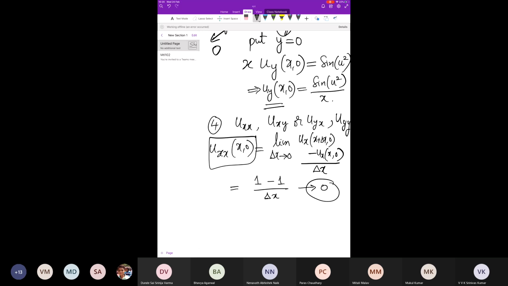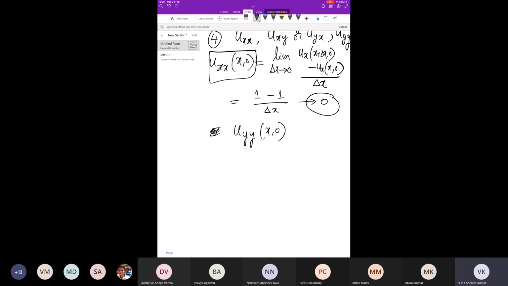Next, now next is uyy at x comma 0. First, differentiate the given equation with respect to y.